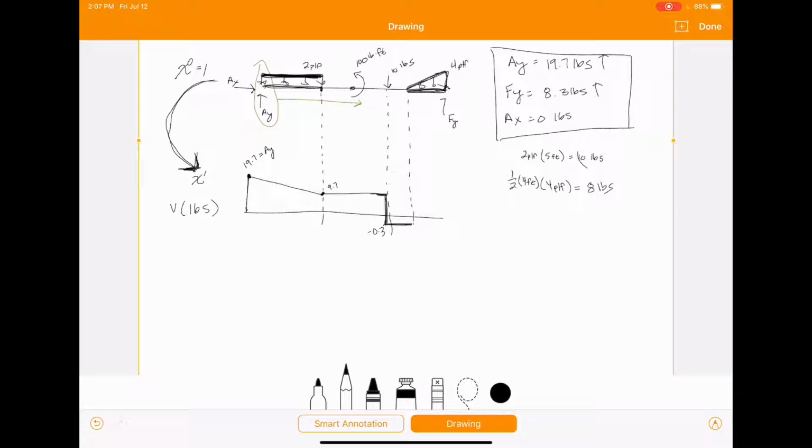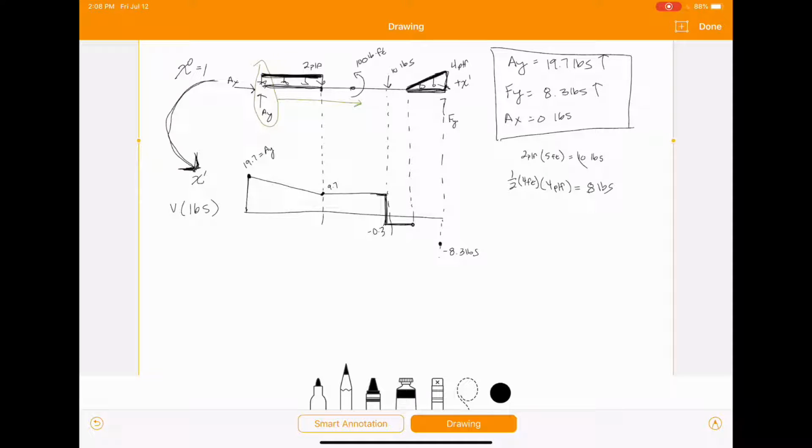So this needs to go down 8 pounds before it hits the end of the beam. So we can go ahead and take that 8 pounds, add it to that 0.3, and this is going to be negative 8.3 pounds.